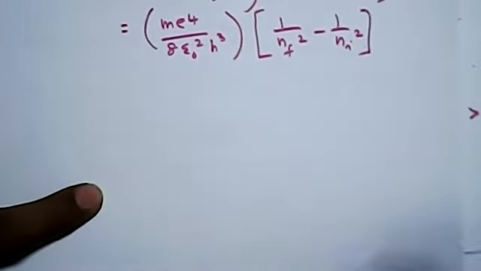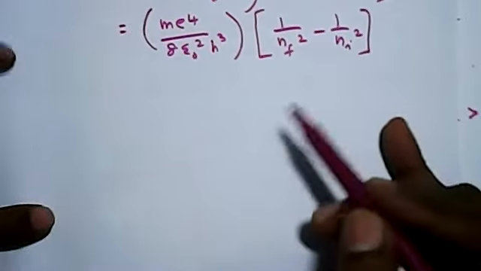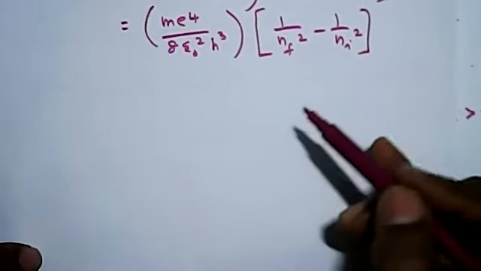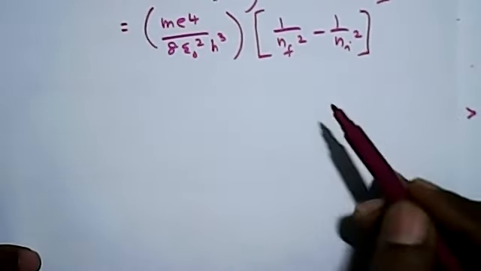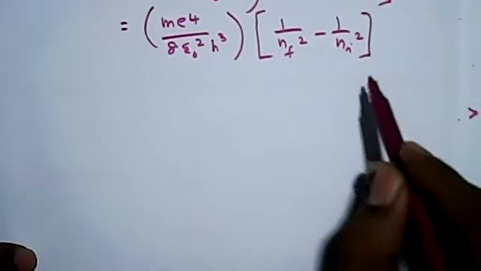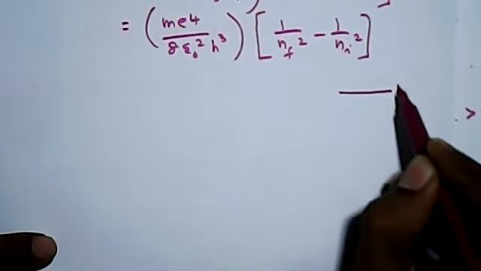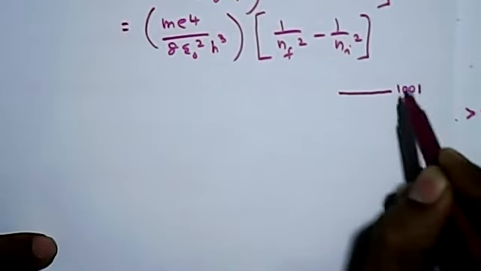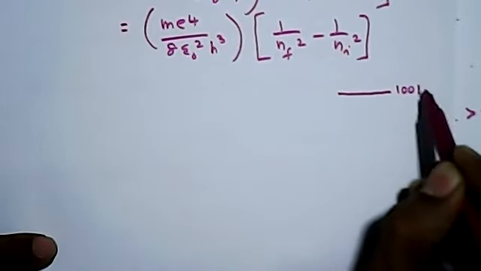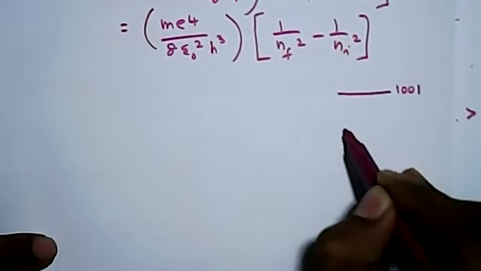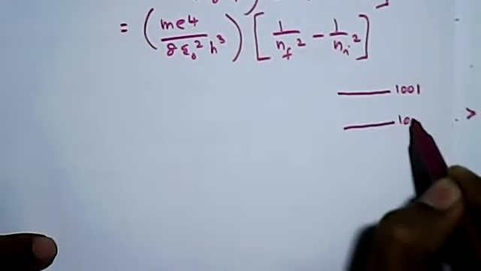Now you consider two energy states at a very large quantum number. For example, this is n equal to 1001, and this is n equal to 1000, like that.